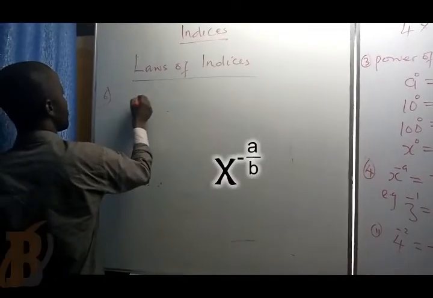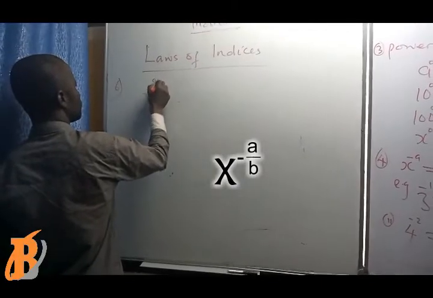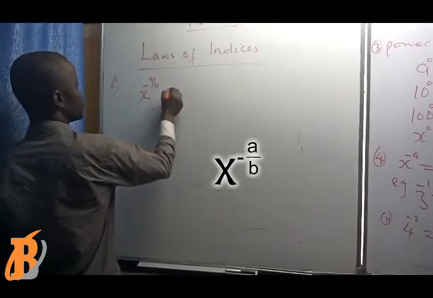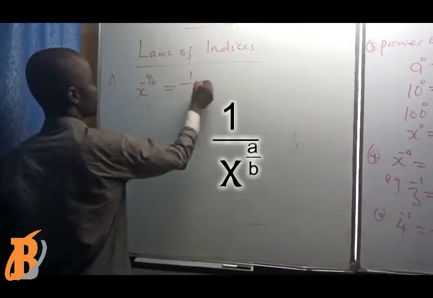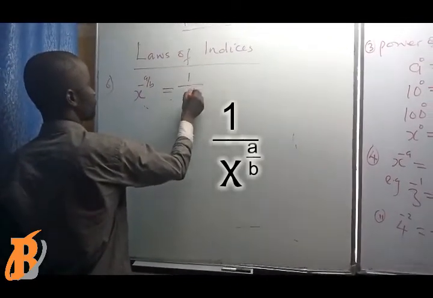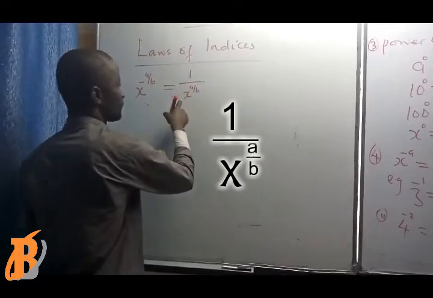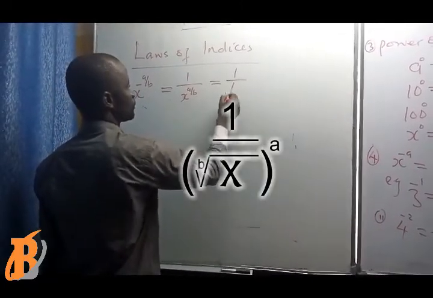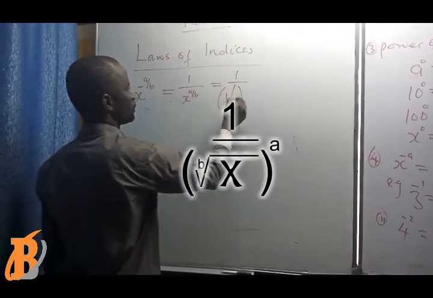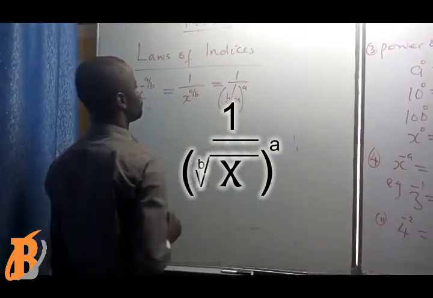Now x raised to power minus a over b is also the same thing as, since this is an inverse, 1 over x raised to power a over b. Apply your principle, equal to 1 over the b-th root of x to the power of a.